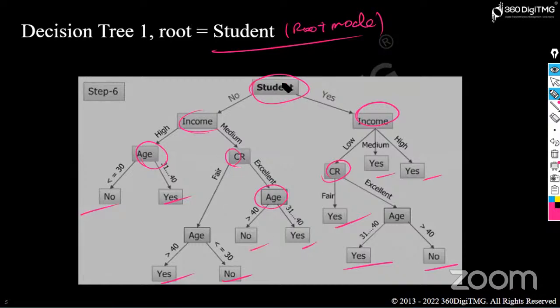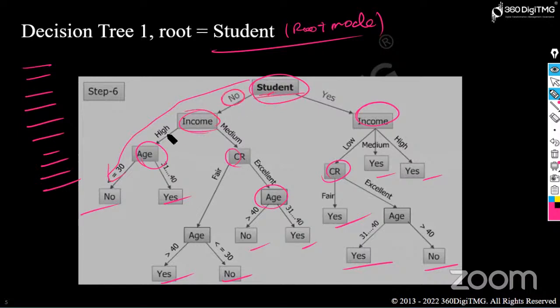When I consider student as a root node, how many steps do you follow to traverse the tree? That means this is one path. If he is not a student, his income will be high. If his income is high and the age is between 31 to 40, he is going to buy a computer.